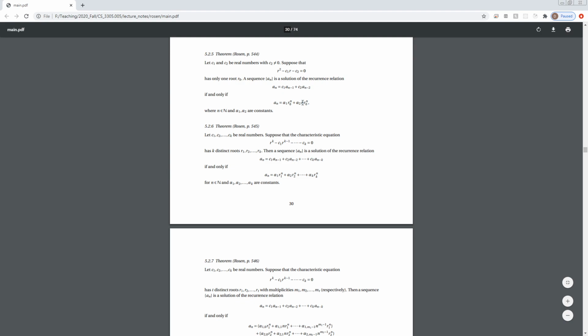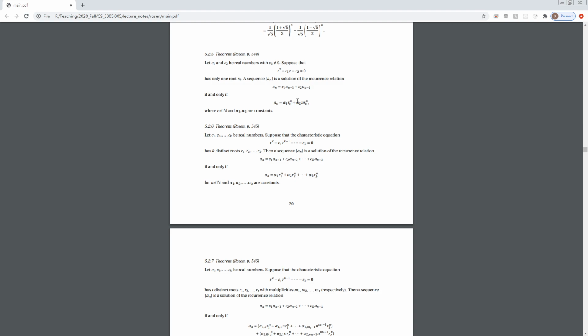And in that case, for each time there's a multiplicity, so you solve, here, let me correct myself.